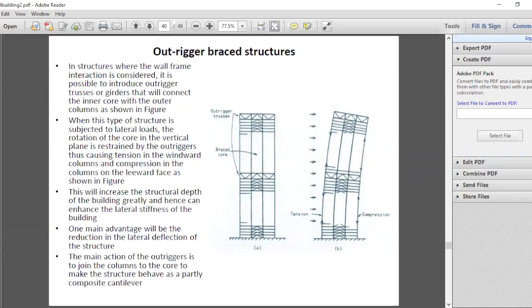But the moment you connect the core and the outer columns, the outer columns will also participate in resisting the lateral loads. Then the structure will become very efficient. And what we do is, now in a very tall building, when you want to control the deflections, you'll seriously consider these outriggers.